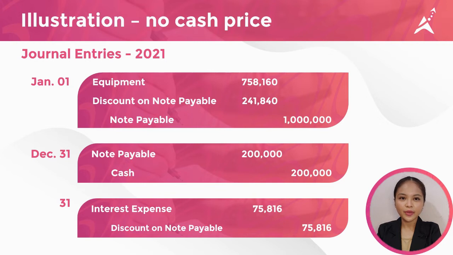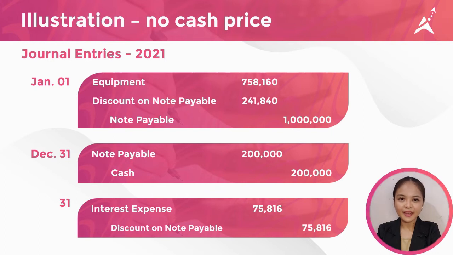Next, for December 31, to record the first installment payment, we will debit note payable for 200,000 pesos and credit cash for 200,000 pesos. The amount to be recorded is 200,000 pesos because the equipment is payable in 5 equal annual installments.